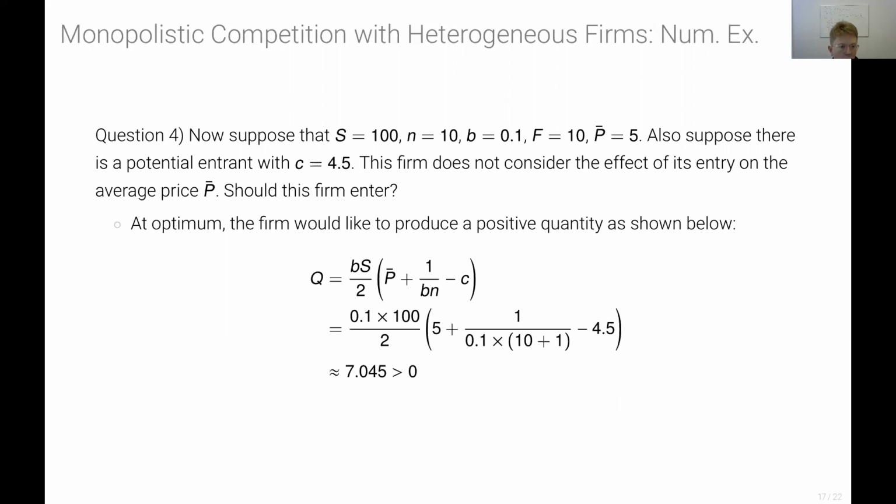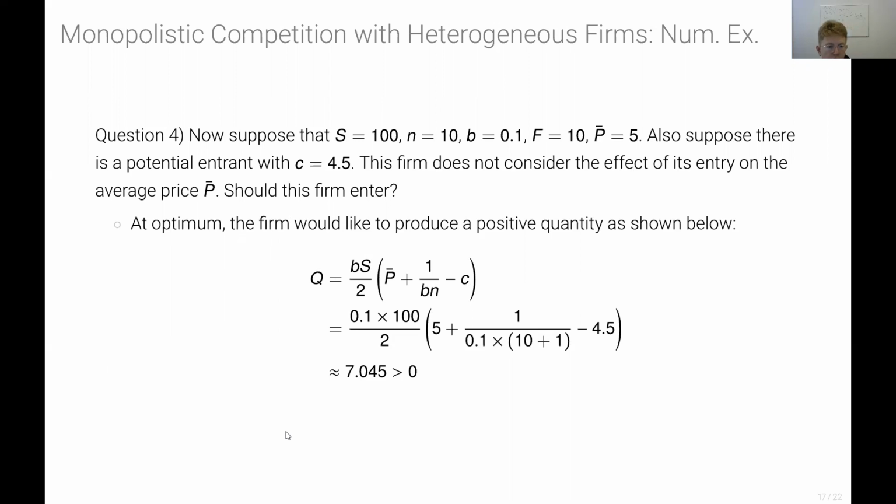And so at the optimum, we can figure out what quantity the firm is going to produce. The first line is just restating the general expression for how much a monopolistic competitor is going to produce.